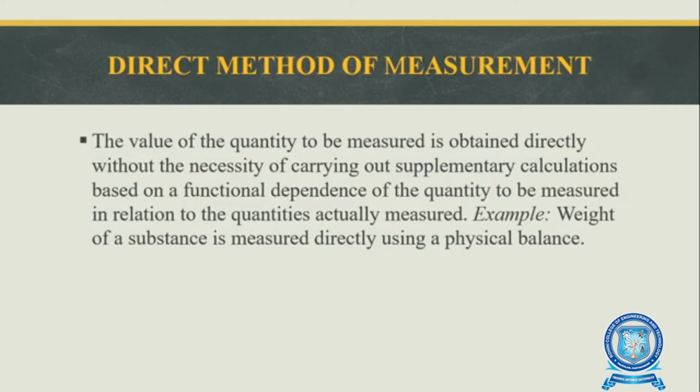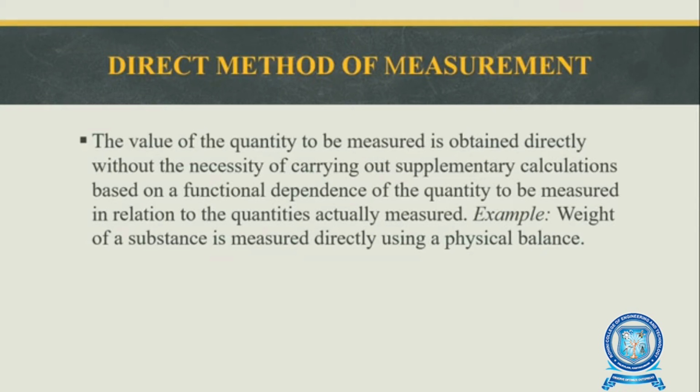We get the output value of the particular object without any calculations, then it is called direct method.